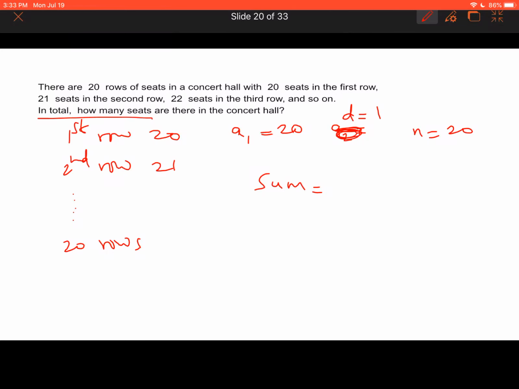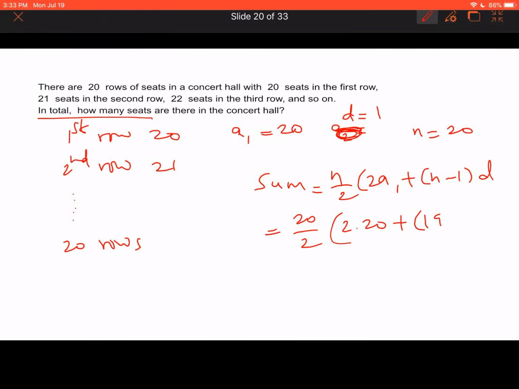So we substitute in the formula N by 2, 2A1 plus N minus 1 D. We substitute the values that we know, and we find the answer to be 590 seats in the entire hall.